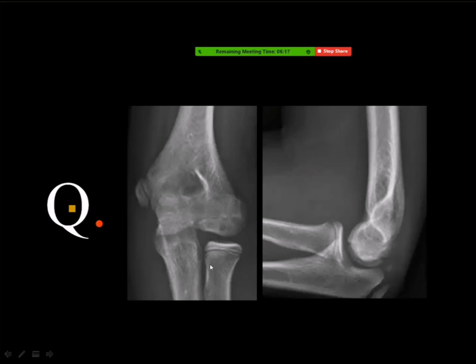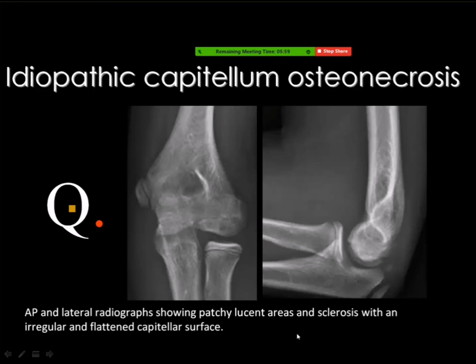No, this is the capitulum, and there is a defect in the capitulum which is known as an osteochondral defect of the capitulum, which is analogous to osteochondritis dissecans of the knee. And we have two types of this lesion.